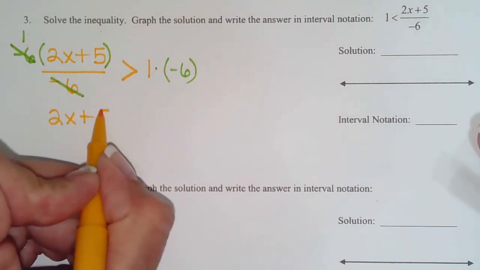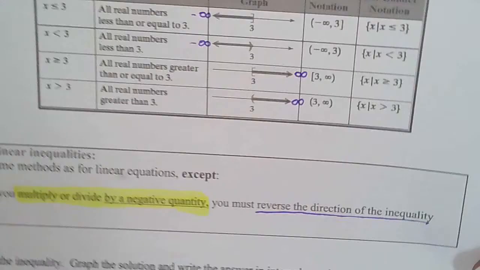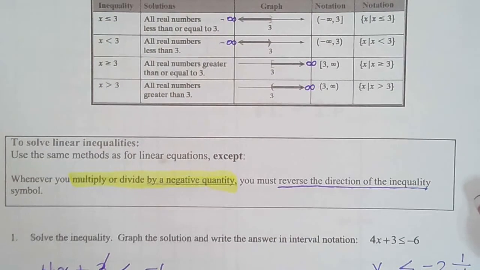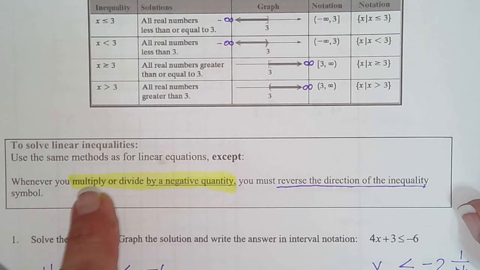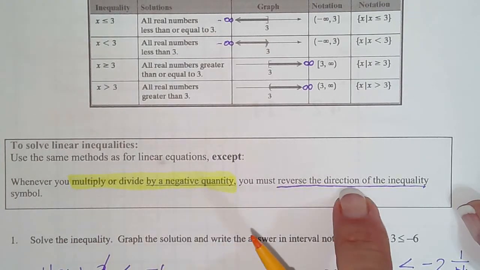But look back at page 5 and see how it says if you multiply by a negative, which happens very rarely, but this is one of those rarelies, we have to reverse the inequality. So almost 99% of the time the reverse happens at the end when you're dividing.